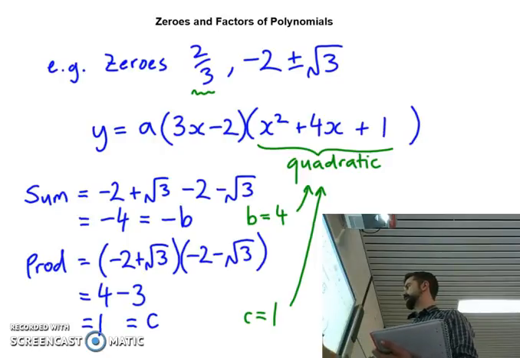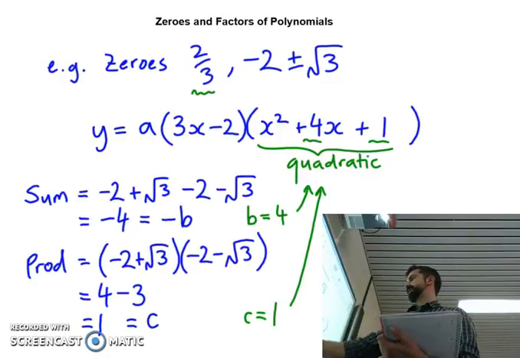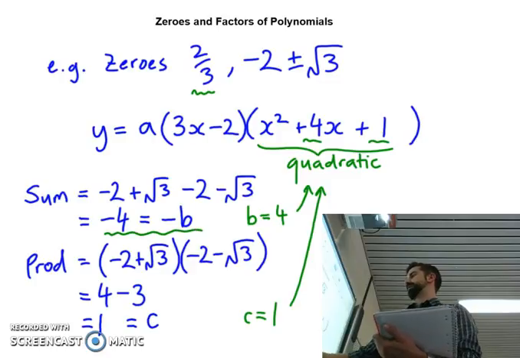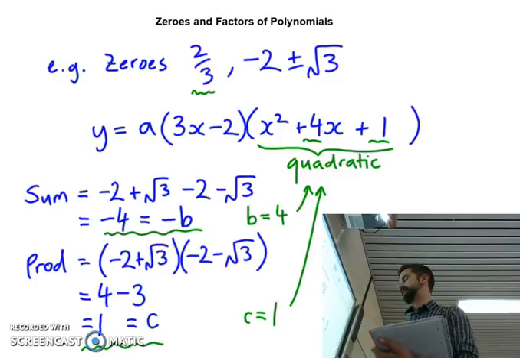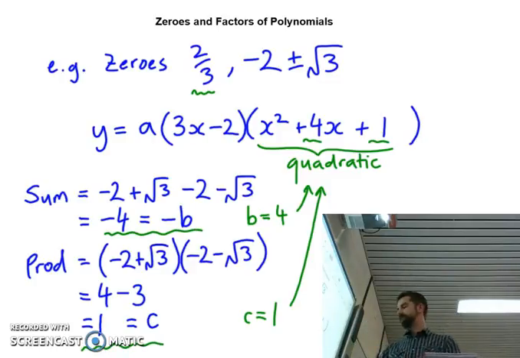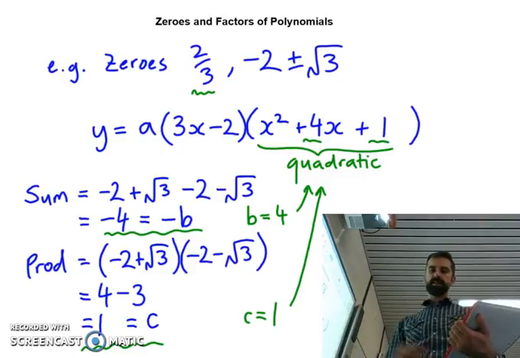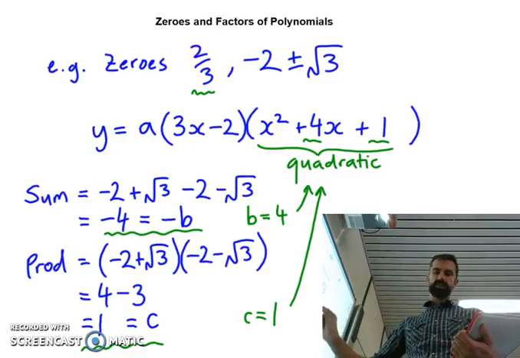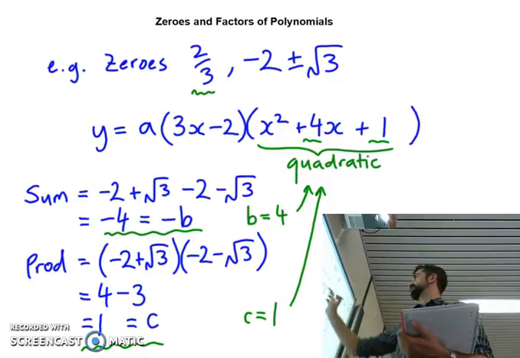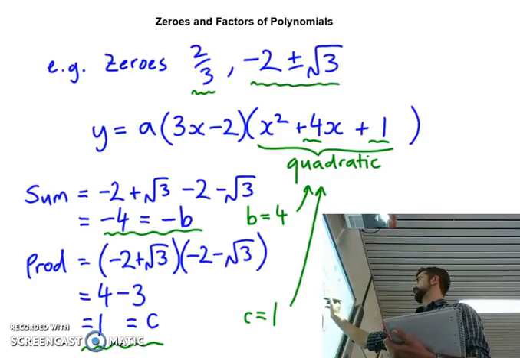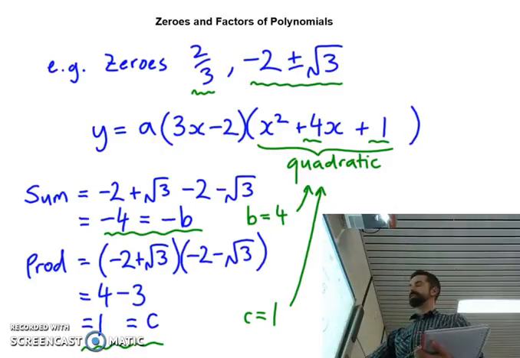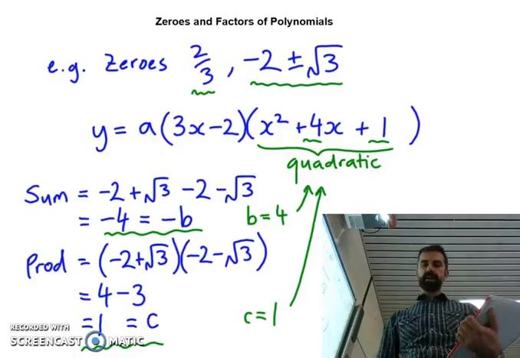So b and c have come from the sum and the product of those 2 complex roots. So again, this is just the process that you need to use if you've got complex roots. So that's where you've got the square root of a number in the roots.